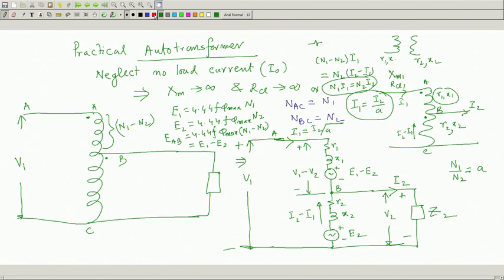Now, look at this, today I will only tell this much, look at this portion, this coil and this coil, these two coils are separate, not magnetically coupled. Therefore, I can say that, I mean what I am trying to tell, in the next page I will draw.